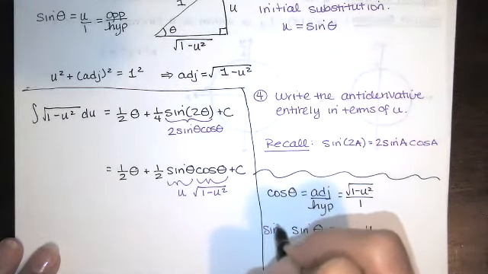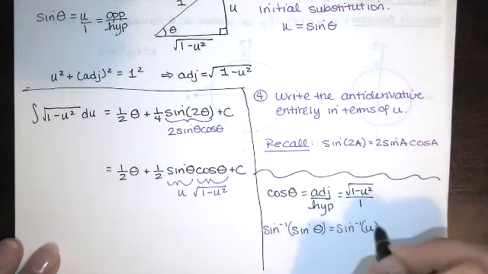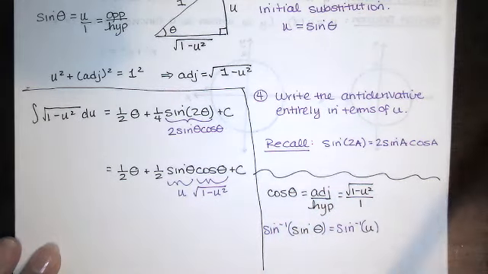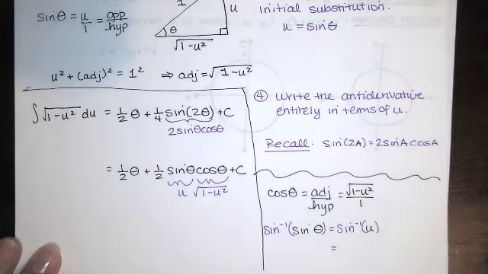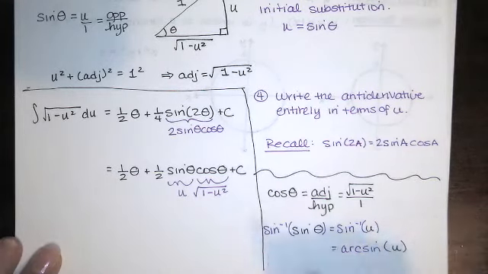Remember, you're going to take the inverse sine of both sides. I actually don't really like that notation. I prefer to use the arc sine notation because it reminds me that it's going to give me an angle back. The inverse sine of the sine is just the angle that you started with.